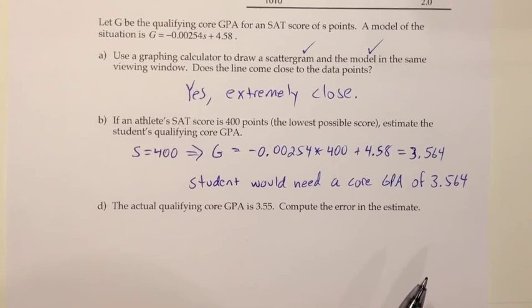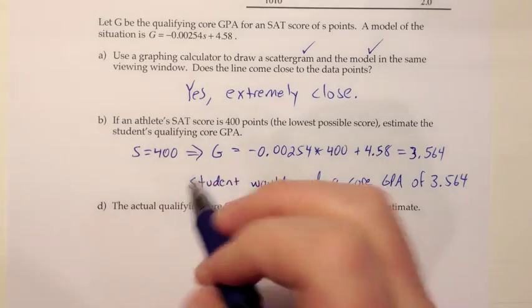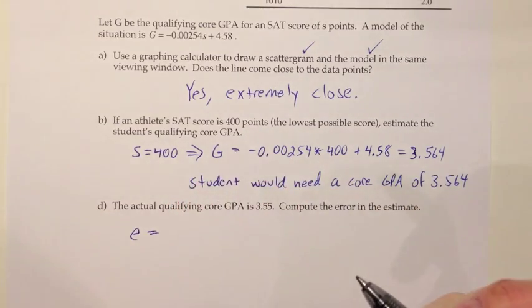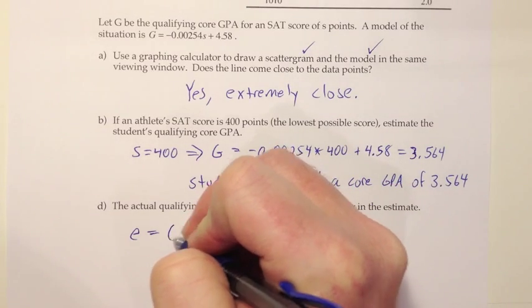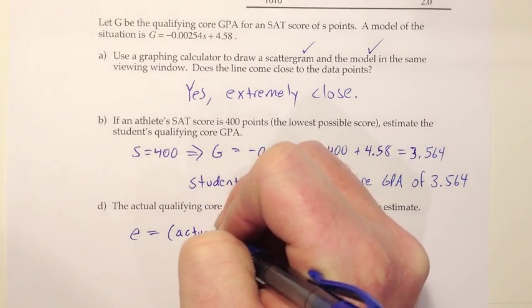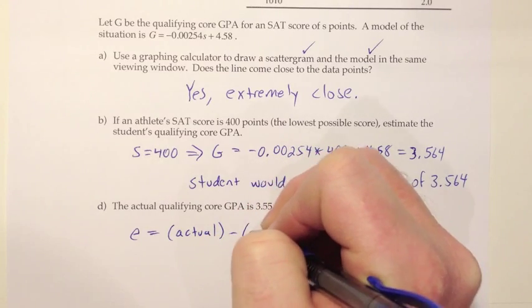Alright, so now they're telling us that the actual qualifying core GPA is 3.55, and they want us to compute the error of the estimate. We might remember back from chapter 1 that the error, we'll use a little e for that, is the actual value minus the estimate.